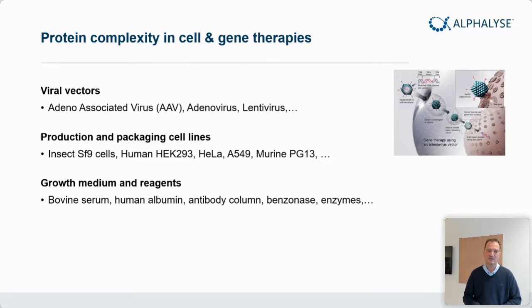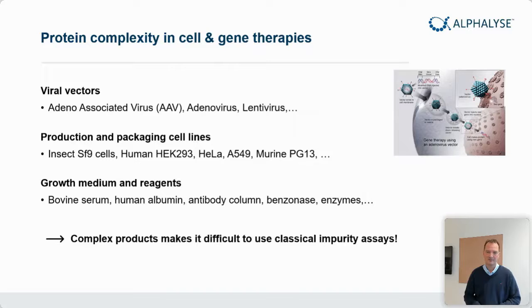So typically we see bovine serum used in the growth medium, human albumin, antibody columns, enzymes added during the manufacturing. That also complicates the samples. So it is a mixture of many different proteins and many different components that can interfere with the analysis.